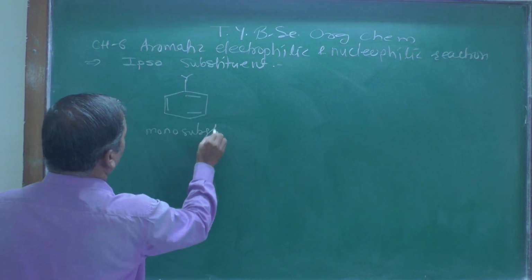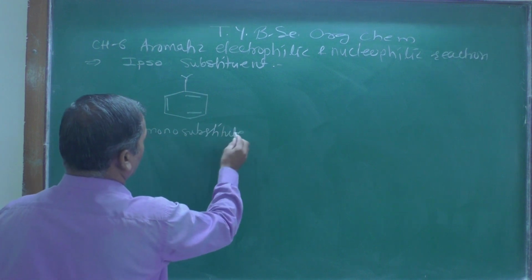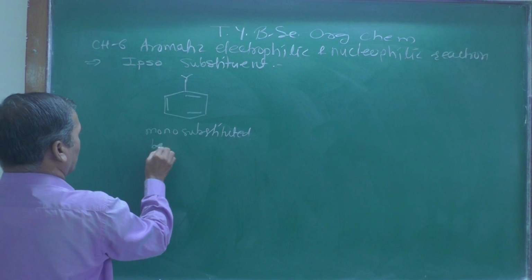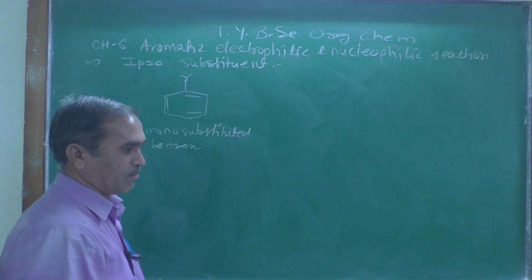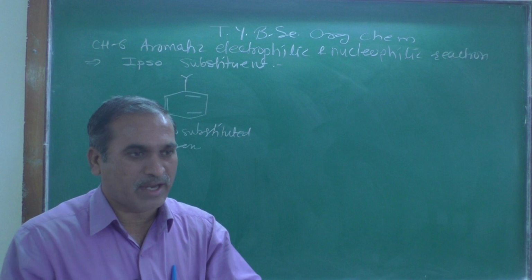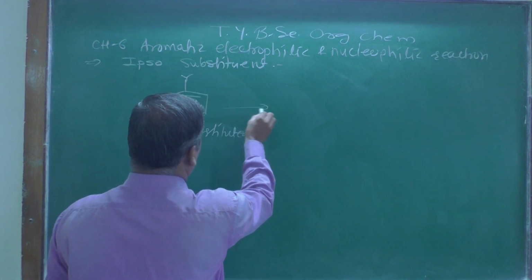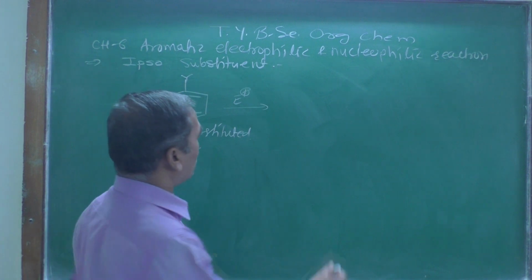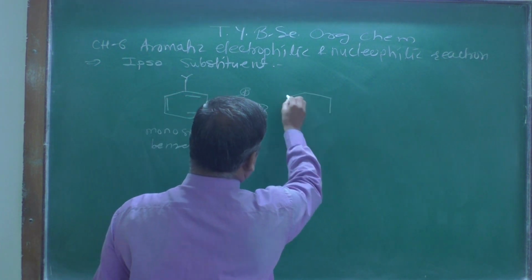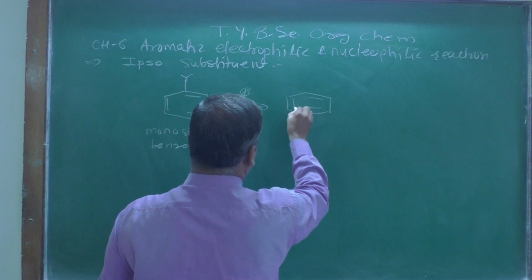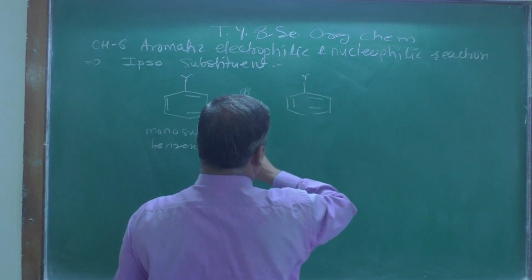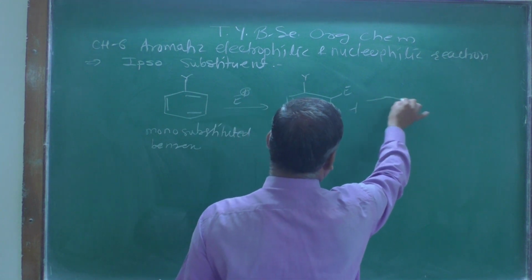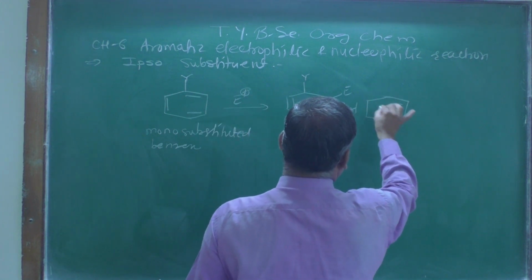Monosubstituted benzene, this one, right? In monosubstituted benzene, when we are adding an electrophile, the resulting compound is formed like this. Now look here, Y is as it is, and the electrophile attacks at this position. In the second case, what is happening?